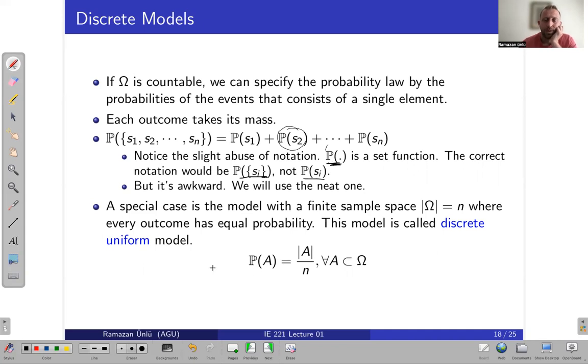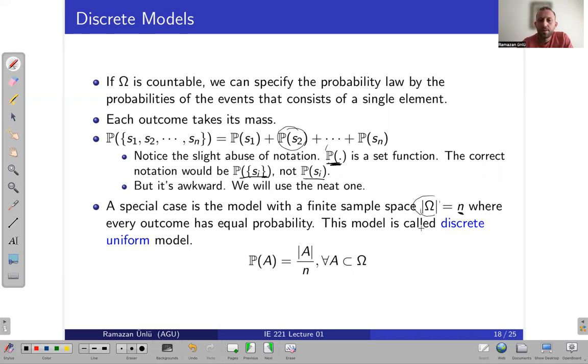If omega is countable, and the model has a finite sample space, where the cardinality of omega is, let's say, n, and every outcome has equal probability, then this model is called discrete uniform.